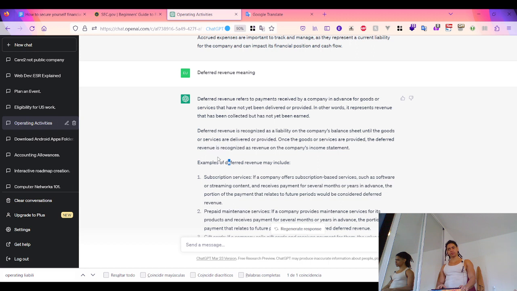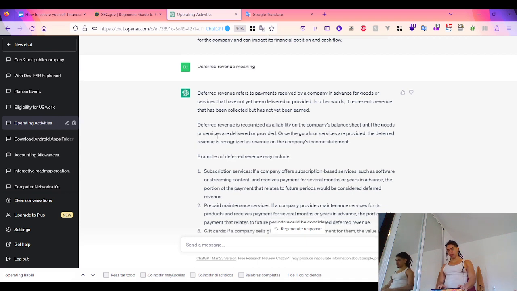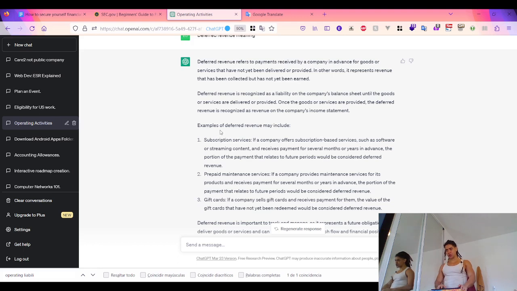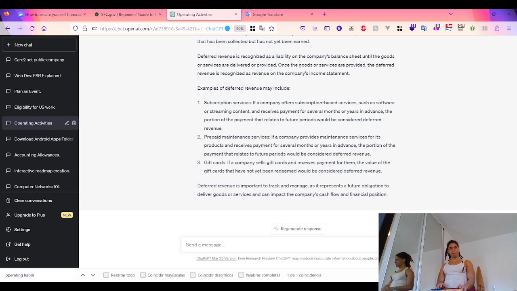In other words, it represents revenue that a company has collected but has not yet earned. So deferred revenue is recognized as a liability on the company's balance sheet until the good or service is delivered or provided. Once it is provided, the deferred revenue is recognized as revenue on the company's income statement.